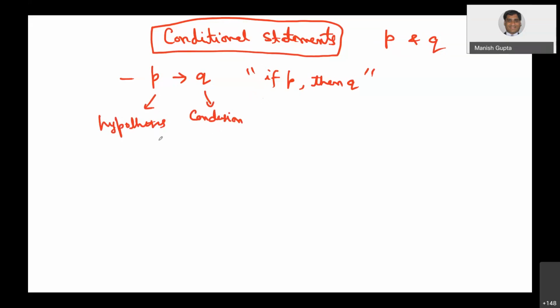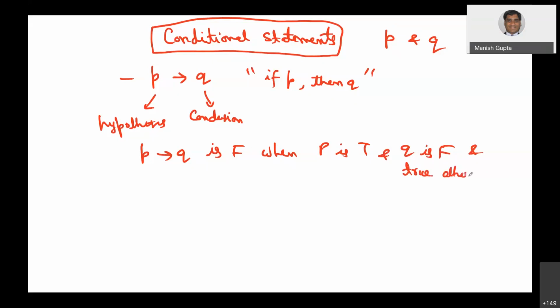So P arrow Q is false when P is true and Q is false. So when the hypothesis is true and the conclusion is false, this is false, and true otherwise. This is the first conditional statement.